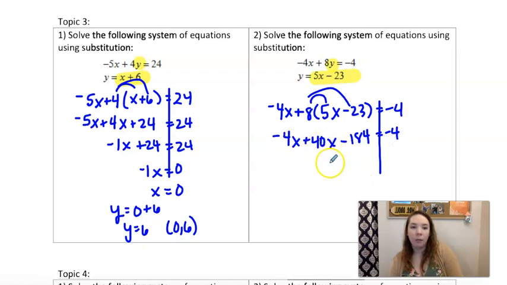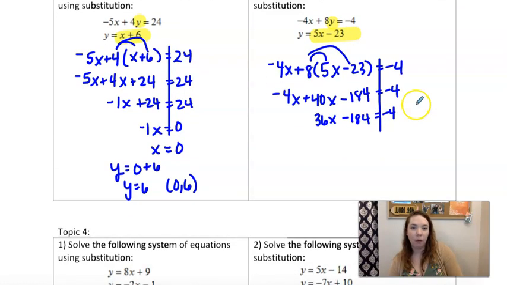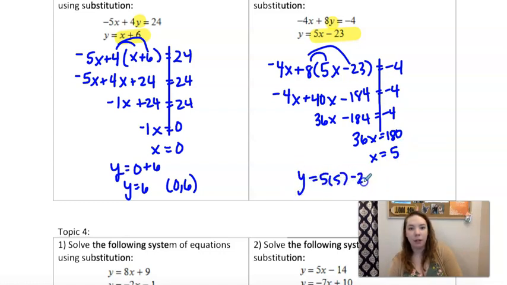Then -4 plus 40 is 36x. -4 plus 184 will give us 180. And divide by 36 will give us 5. Then you can plug 5 back in for x. This will give us 25 minus 23 is 2. So your ordered pair is 5, 2.